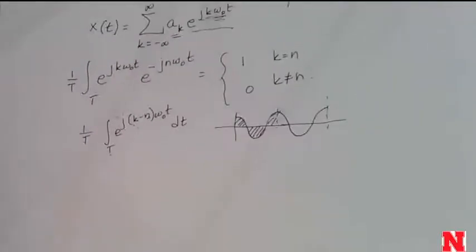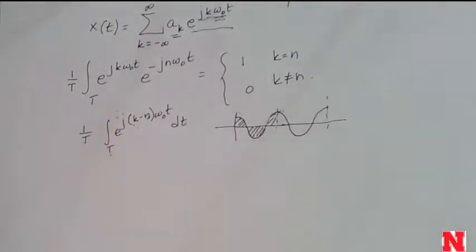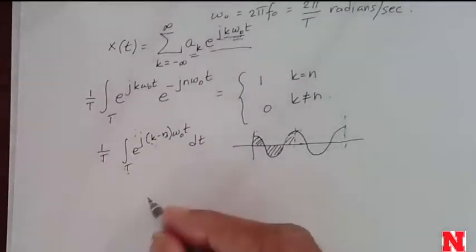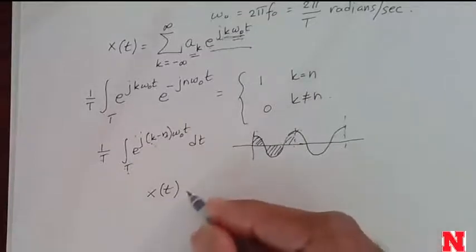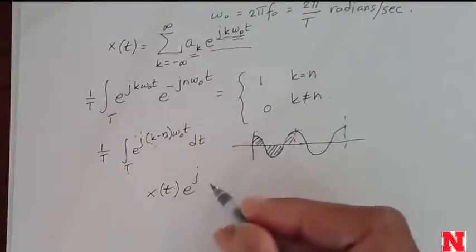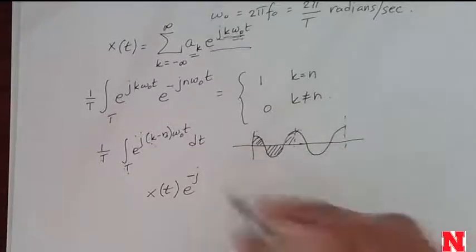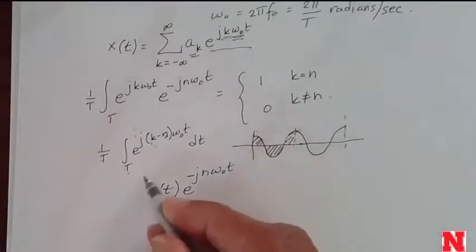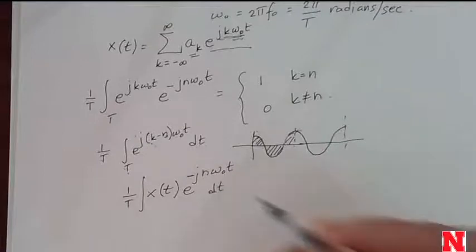Okay, now let's use this property to obtain these coefficients. So here's what I'm going to do. I'll take x of t and multiply it with e to the minus j, which one should I use? N? Okay, let's use n. Omega naught t, and then I'm going to integrate it like that.